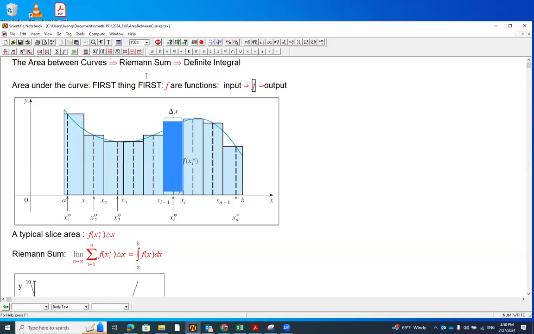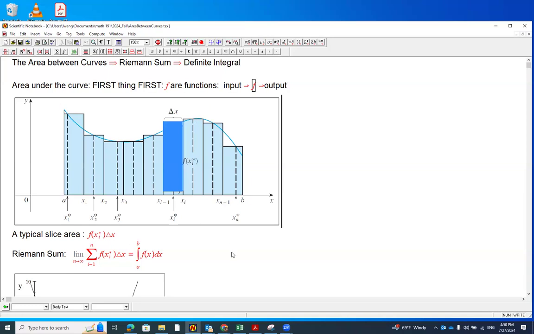And that is the vertical line test. If you draw a vertical line, you're going to get exactly one output. So that's the function, that's the blue curve right here.